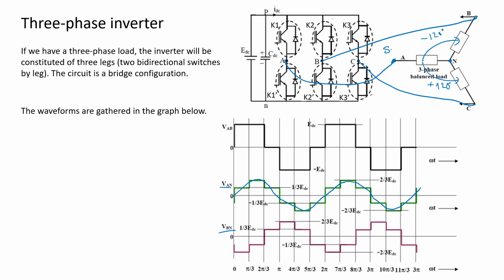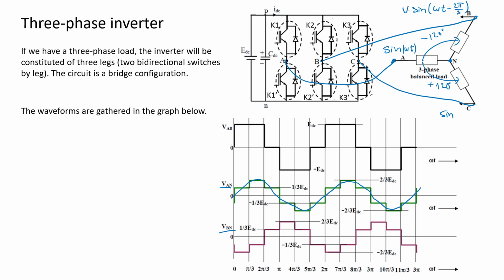So if A is sine omega t, B is sine omega t plus or minus 120 degrees.